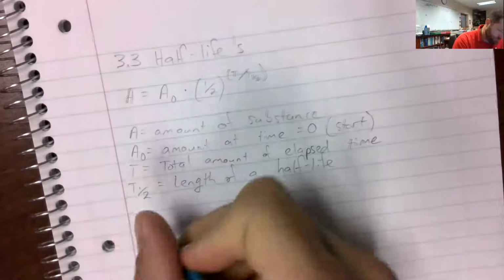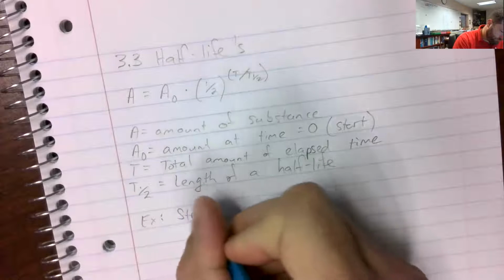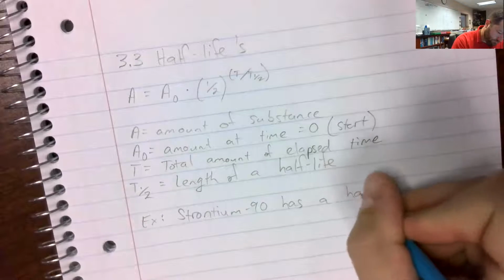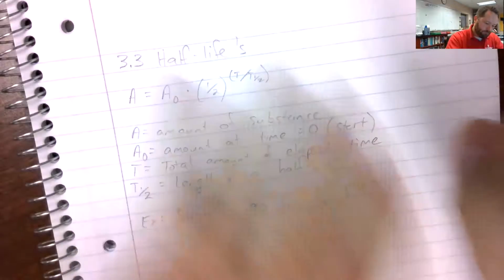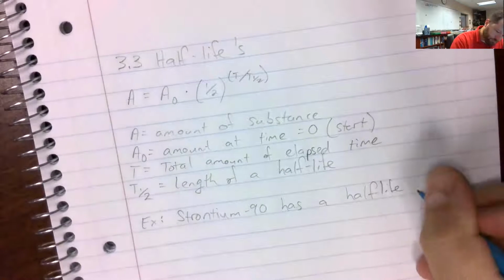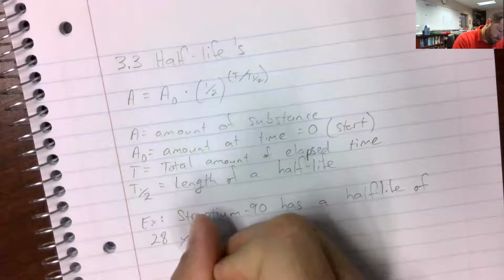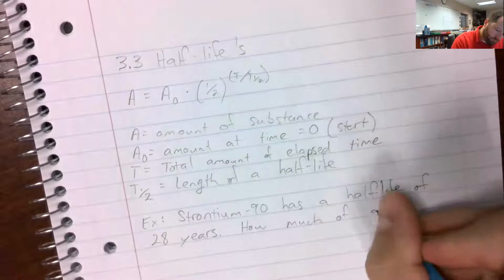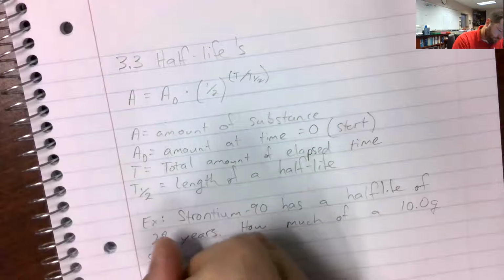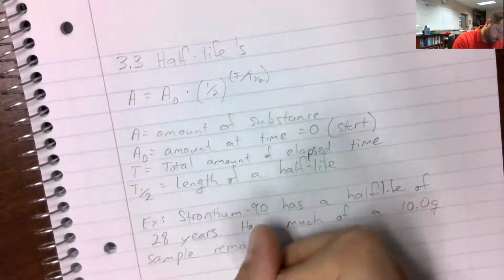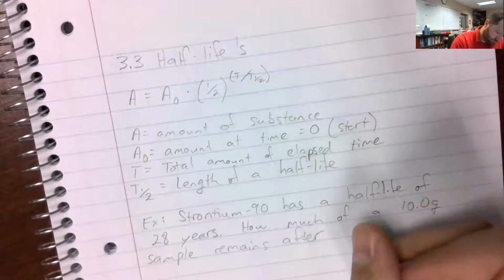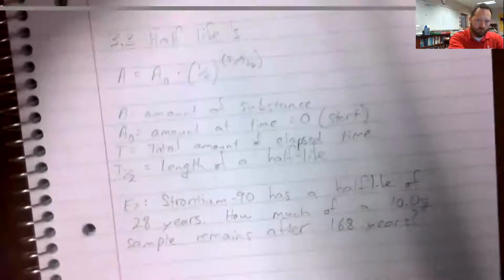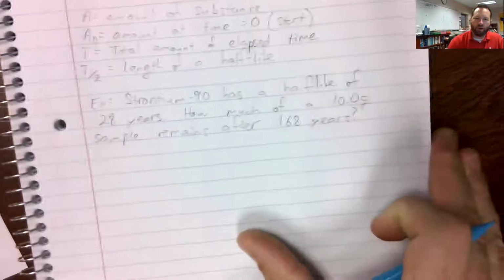All right, so for example, strontium has a half-life of 28 years.